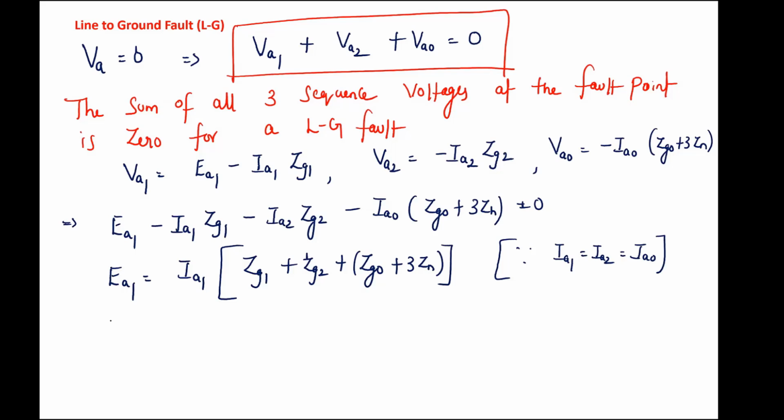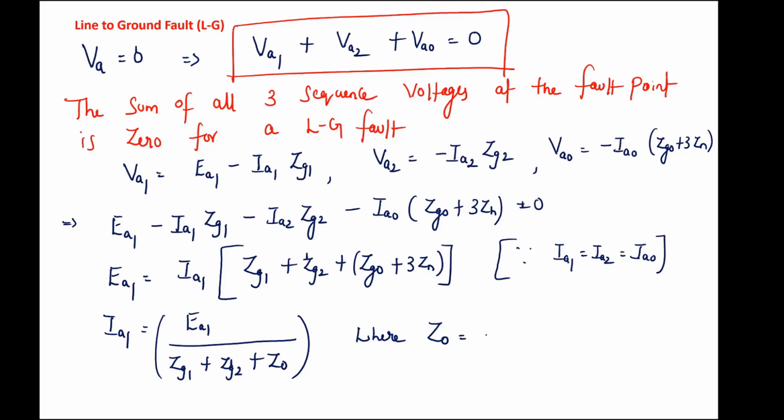So from this I am going to get IA1 as EA1 divided by ZG1 plus ZG2 plus Z0, where Z0 I am writing as ZG0 plus 3ZN. Every time, rather than repeating those things, I am writing Z0 as ZG0 plus 3ZN, which is the equivalent zero sequence impedance of the synchronous machine.